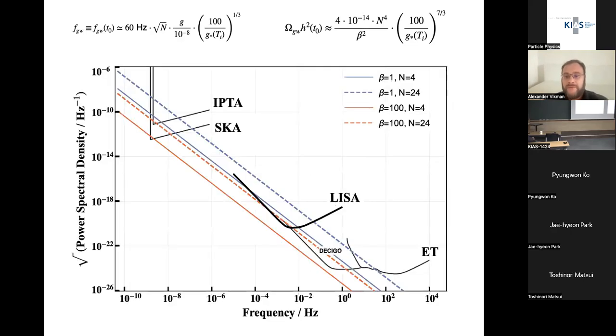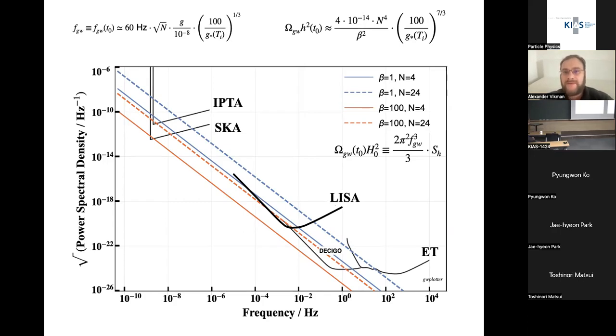Then we used what is called GW plotter, and we plotted what is called S, the power spectral density. And then we compared it to planned missions, planned experiments or observatories, better to say, which are going to measure gravitational waves. So here we plot only the peak.